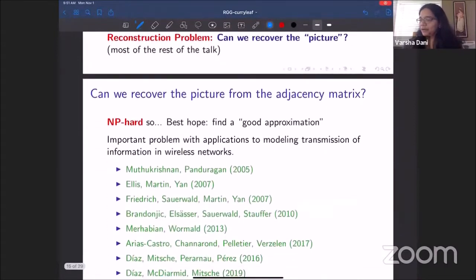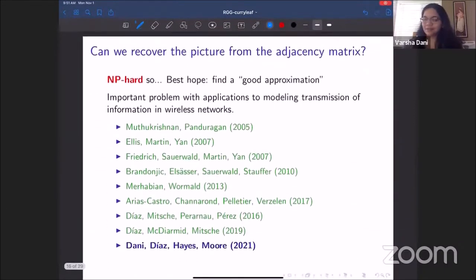Well, like all good computer science problems, this is NP hard. If you don't know what that means, think of it as code for computationally intractable. So our best hope is not to do it exactly, and by the way, this is NP hard even if you know all the distances exactly, so our best hope is to find a good approximation.